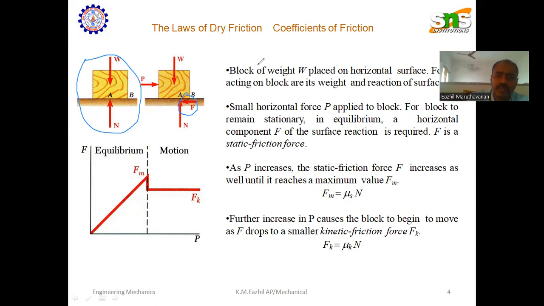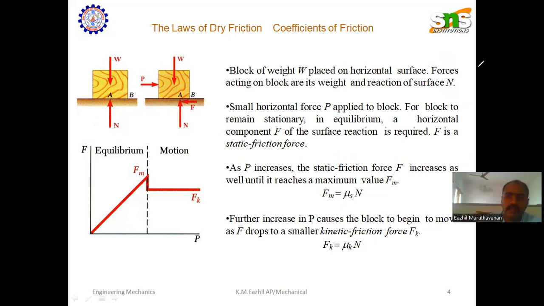Now we'll see in detail. A block of weight W is placed on a horizontal surface. Forces acting on the block are its weight and the reaction N of the surface. A horizontal force P is applied to the block, and for the block to remain stationary, it is in equilibrium. As P increases, the static friction force F increases until it reaches its maximum value Fm.